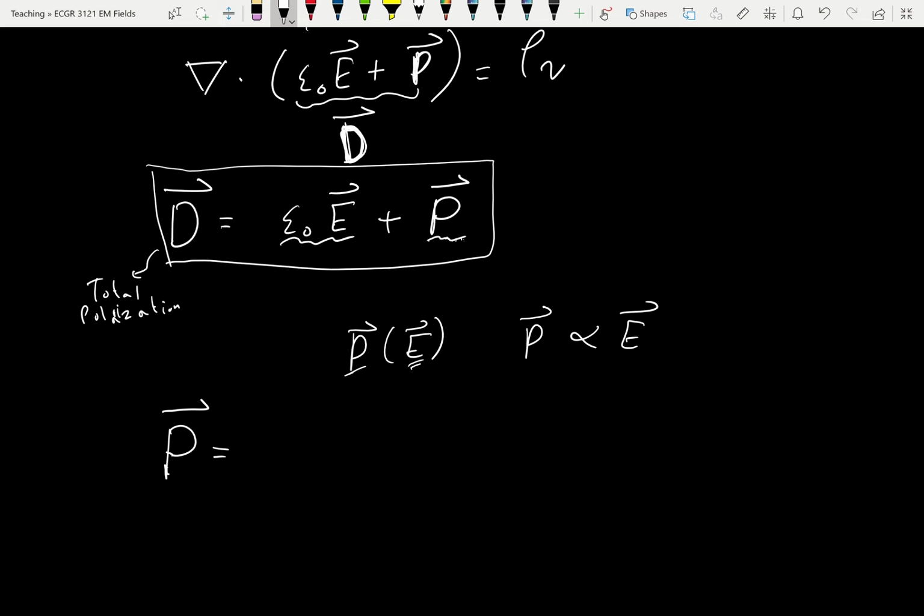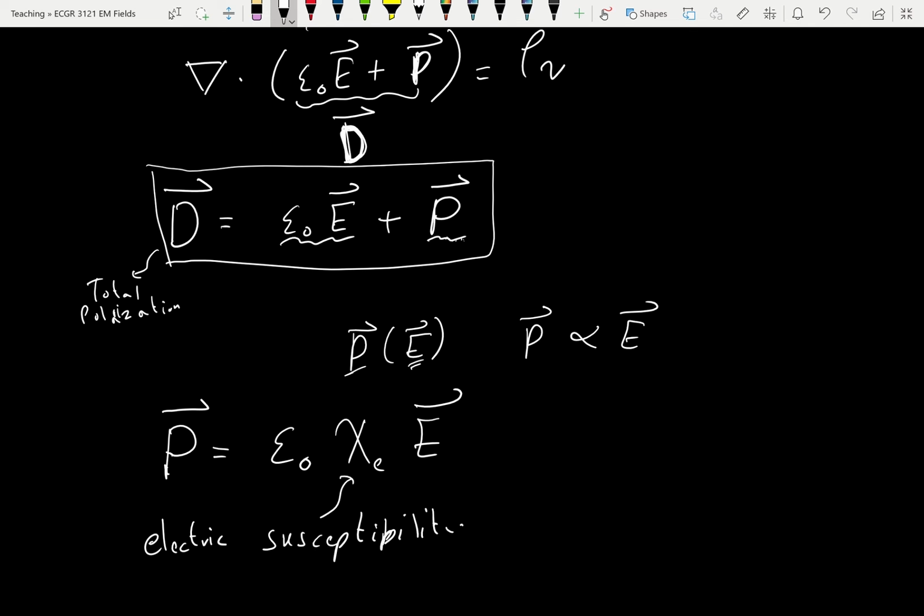P for any material is defined to be relative to empty space to look like this: epsilon naught chi E. This is called the electric susceptibility, right? So this is the linear relationship between E and P.